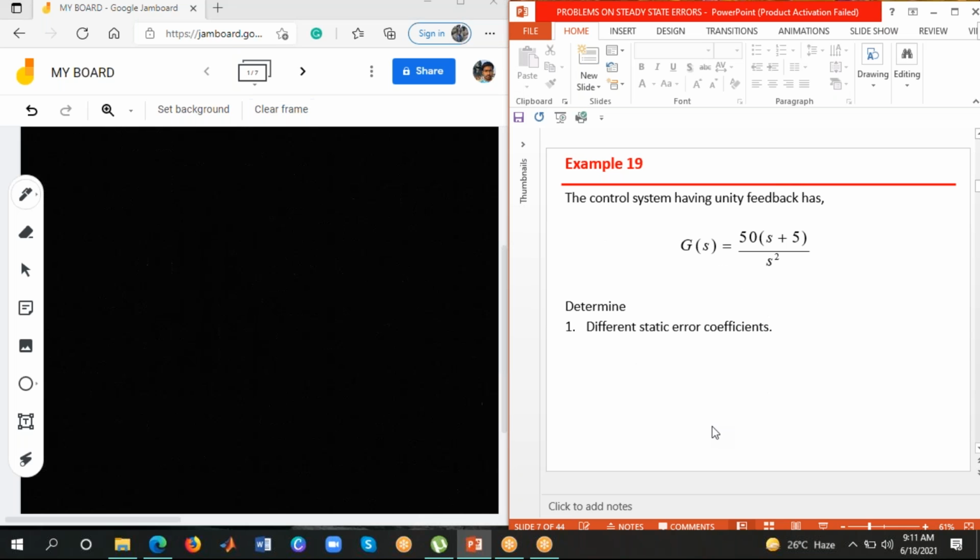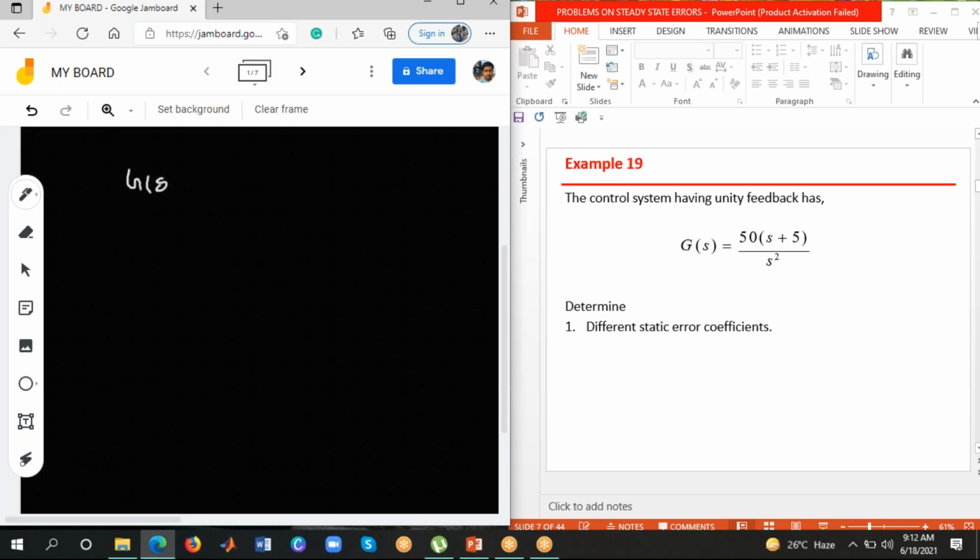The control system having unity feedback has G of s equals 50 into s plus 5 over s square. Determine the static error coefficients. Find the values of the coefficients, that is Kp, Kv, Ka. So first of all, note down the given values.